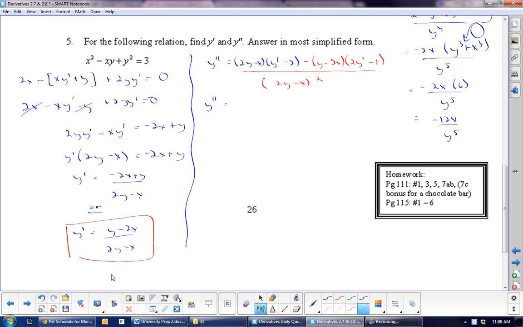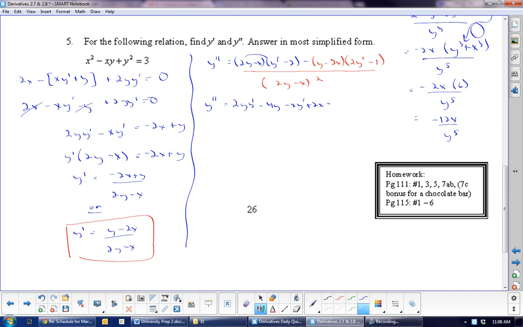So we've got 2y y prime, minus 4y minus x y prime, plus 2x. Okay, so I'm going to bring the minus sign in and do the FOIL at the same time. Just skip a step here.